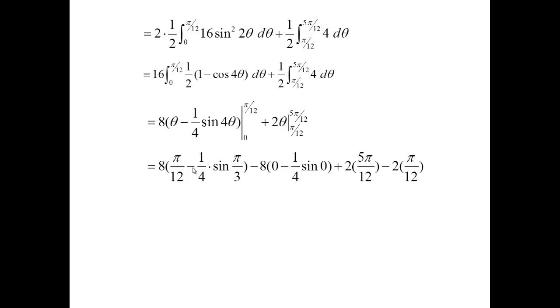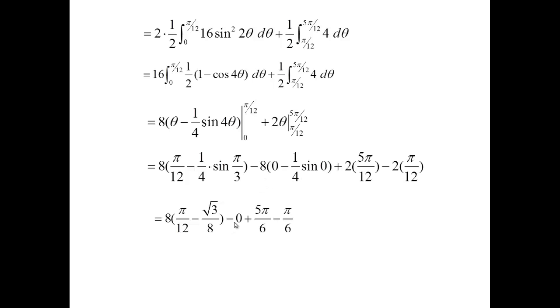8 times pi over 12 minus 1/4 sine. When pi over 12 comes in here for theta, we get pi over 3, minus, tossing the zeros in for the thetas. That's not too bad. Plus 2 times 5 pi over 12 minus 2 times pi over 12. And cleaning that up just a little bit, sine of pi over 3 is square root 3 over 2. So 1/4 times square root 3 over 2 gives us square root 3 over 8. All of that's 0.